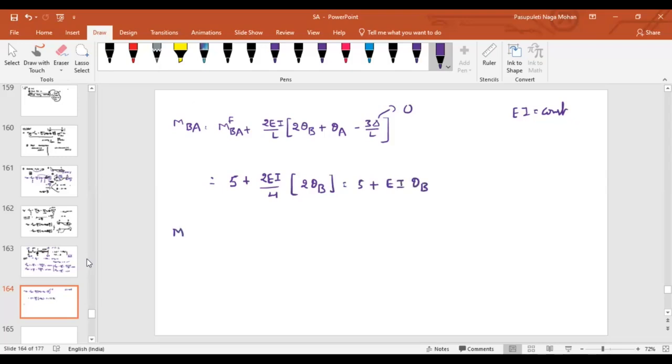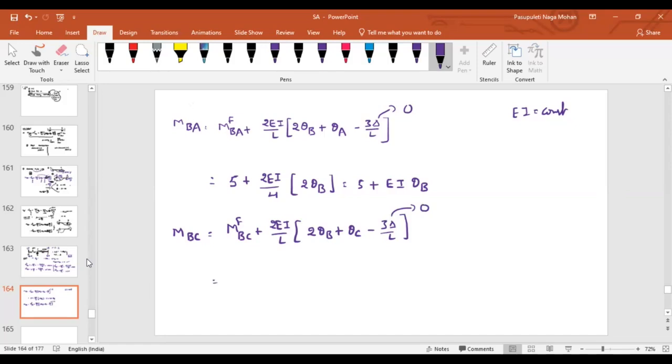Similarly, what is the final end moment at B towards C? That will be equal to the fixed end moment at B towards C plus 2EI by L times 2 times the near end rotation theta B plus the far end rotation theta C minus 3 delta by L. As even in BC there is no sinking of support, delta is 0.